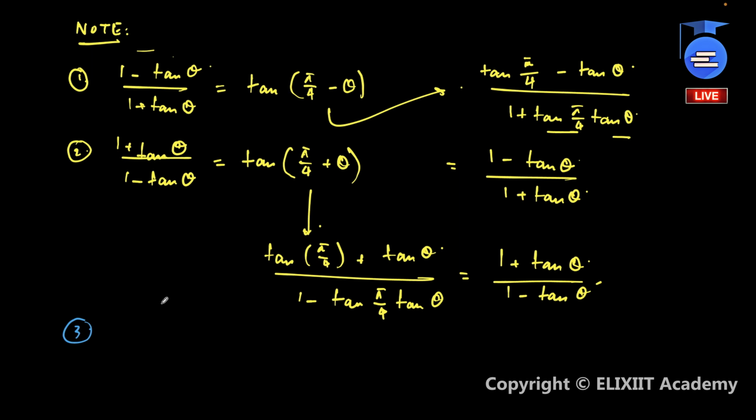Third one. Suppose you get this relation: cos theta plus sin theta divided by cos theta minus sin theta.